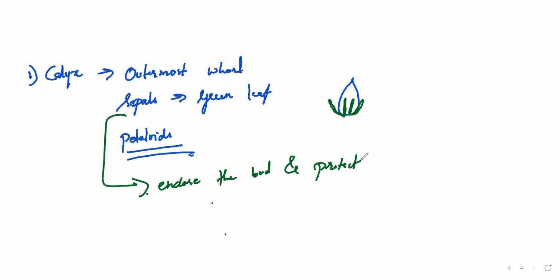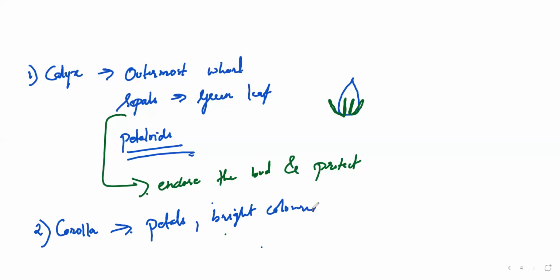Okay, then the second one is corolla. Corolla is nothing but the second whorl, which has petals. So petals are generally what? Bright colored and they produce fragrance.